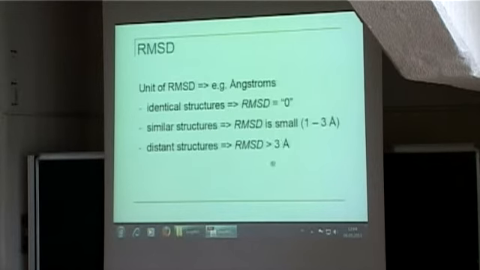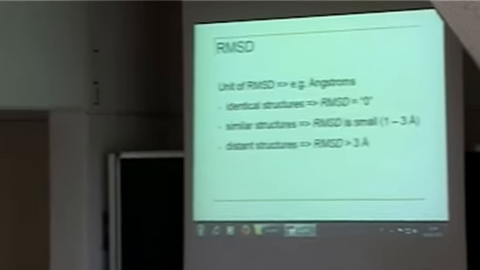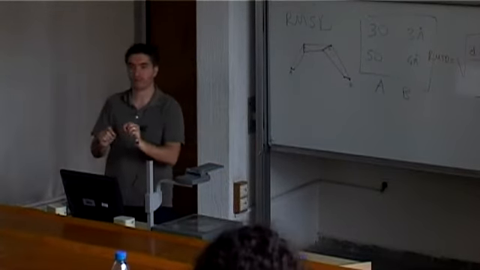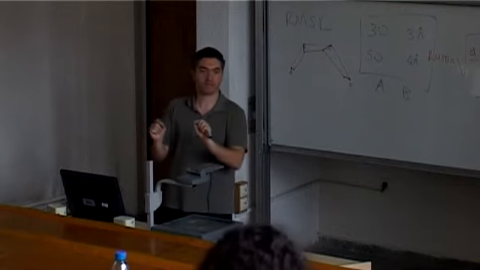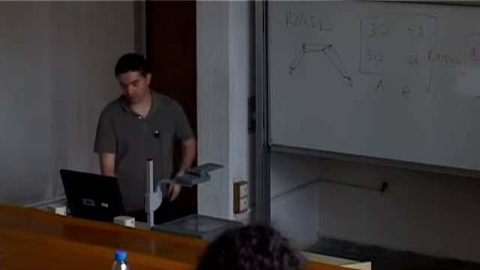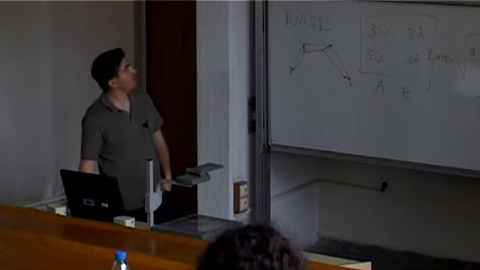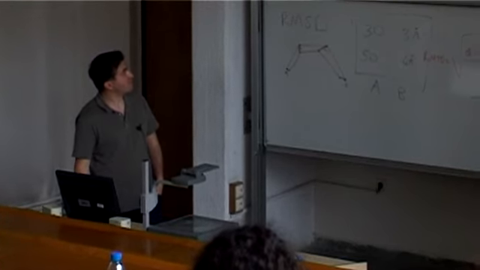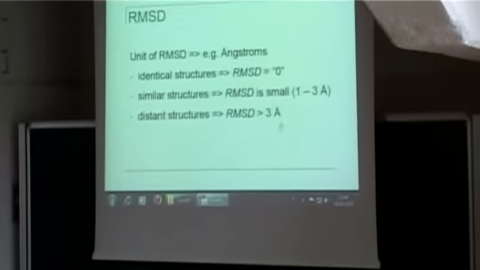And I also told you that the unit is angstroms. If we have exactly identical shapes, the RMSD we are going to find is going to be 0. We can exactly put each matched point on top of its corresponding one. For similar structures, usually the RMSD is between 1 and 3. For distant structures, RMSD is greater than 3 angstroms.